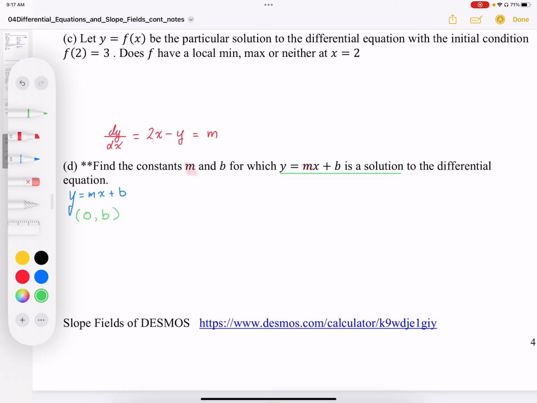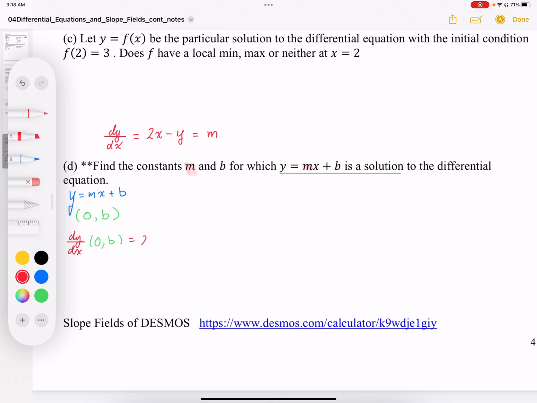And what I can do is, if that's true, then that point will also calculate the slope. So I'm going to calculate my slope. I'll write it out this way. So dy by dx, which is a slope, at the coordinate 0 and b is going to calculate the slope of that equation.